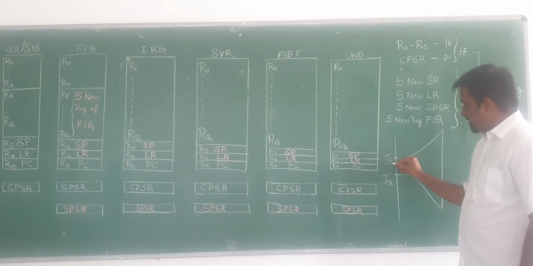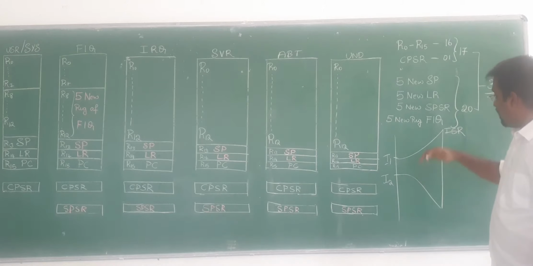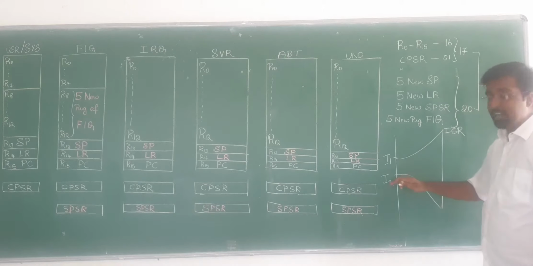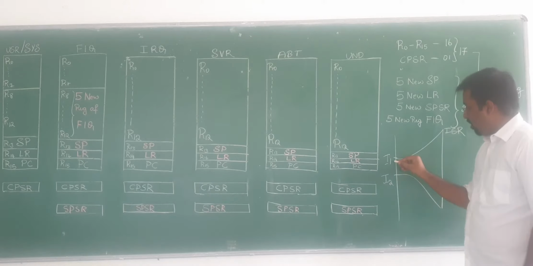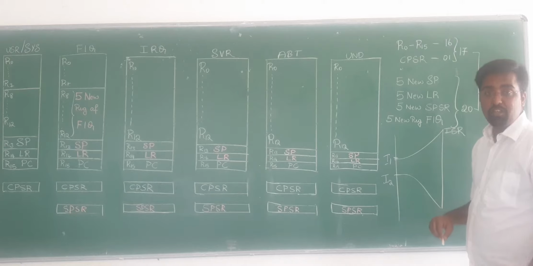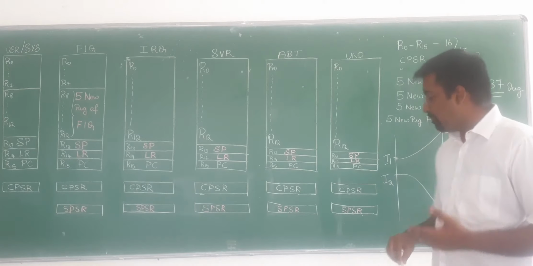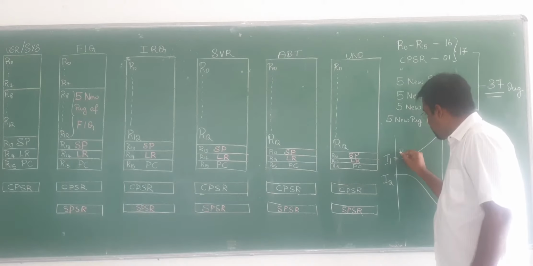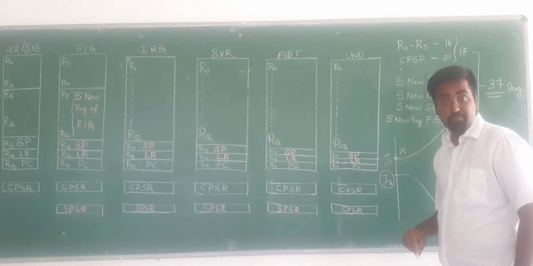You start your execution, and you will go to the ISR when an interrupt occurs. The ISR gets executed, and you come back to the next instruction to be executed. When my normal instruction stops its execution and goes to the ISR, what is the value that is going to change? Who directs you to the ISR? We know that the PC, the program counter, contains the address of the next instruction.